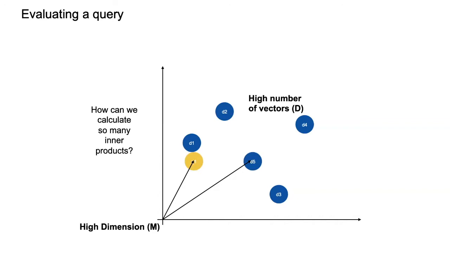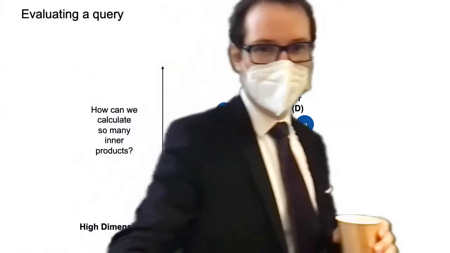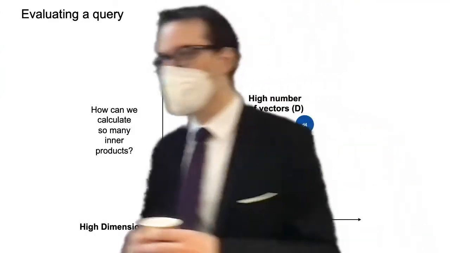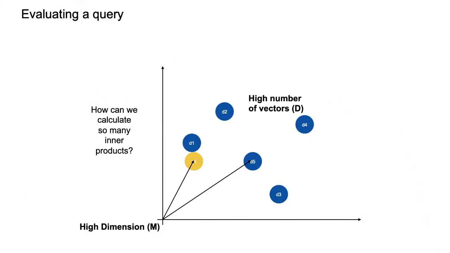Can anybody give me a good reason why computing the dot product is actually not that bad? Any good reason? On Zoom, maybe? Any good reason why the dot product is not so terrible to compute as it seems?